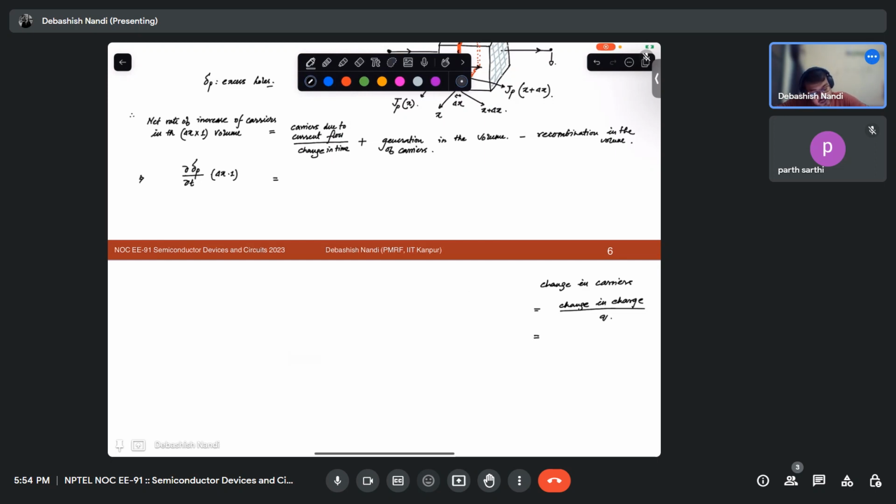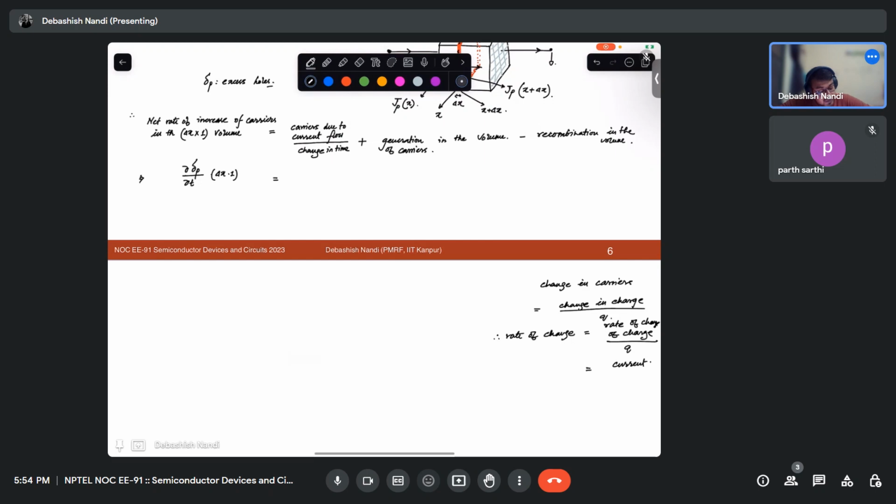And then what will be your rate of change? Rate of change will be what? Rate of change of charge by Q. Rate of change of charge is what?